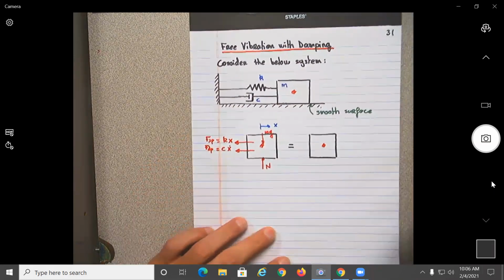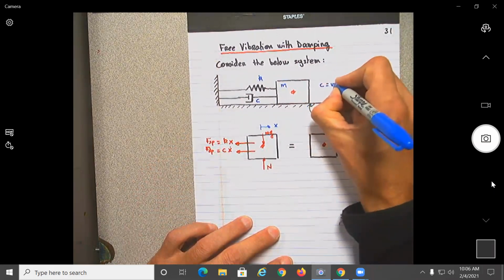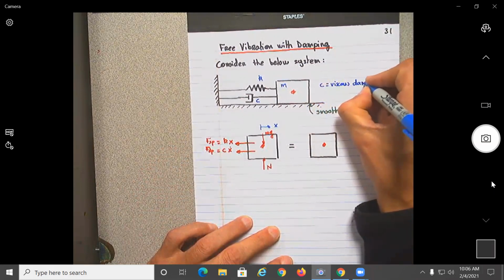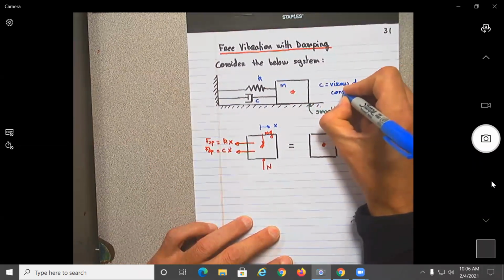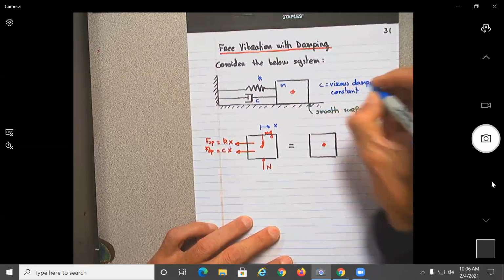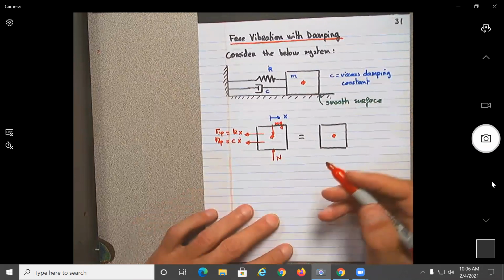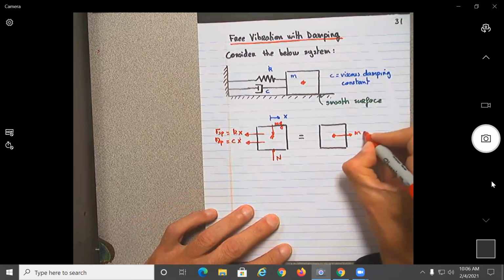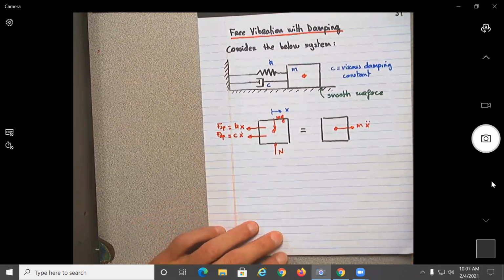Here, c is the viscous damping constant. What type of motion is this going to have? Just translation, equal to ma, or m x double dot.